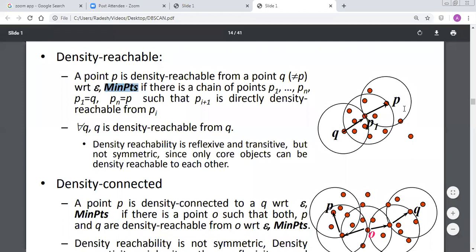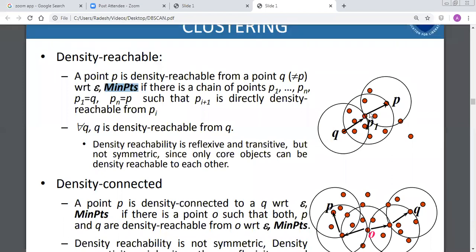So here we have the points P and Q. If you want density reachability from point P to point Q, then it should be connected in such a way that all the points falling in this region from P to Q are density points. All of them should be chain-connected, and all those points should be core points. I think you have understood.